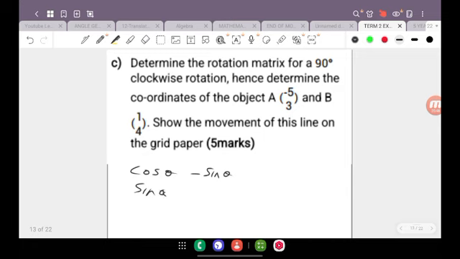All right, and please note that the formula that is being written here on screen is the formula for the anti or the counterclockwise rotation.